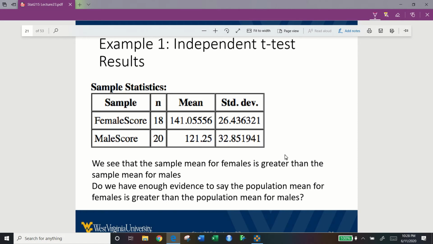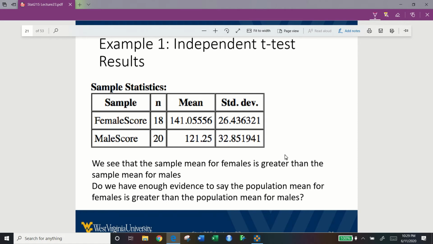Let's continue. So if we were given our sample statistics, we would see that we have a mean for the females of approximately 1.41 and a standard deviation of approximately 26.44. The male scores have a mean, or actually exact mean in this case, of 121.25 and an approximate standard deviation of 32.85.